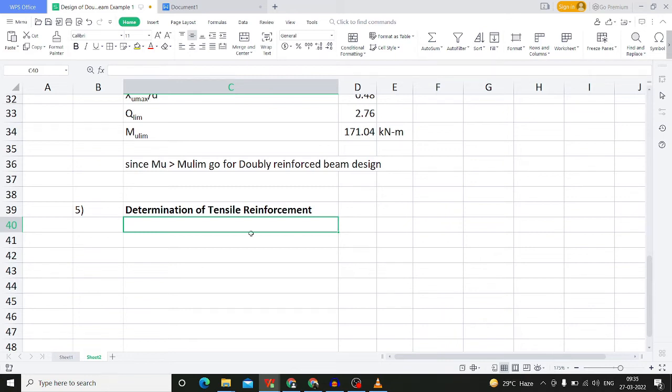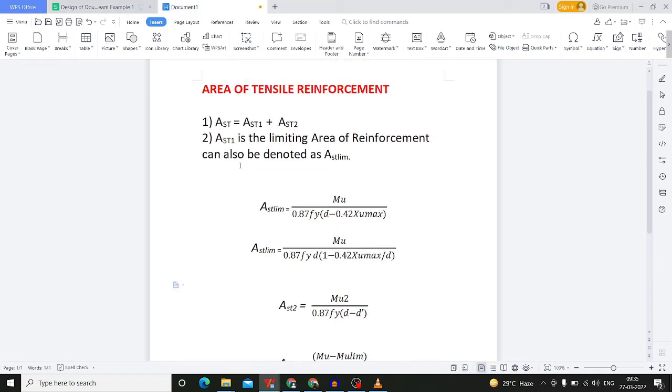In doubly reinforced beam design, AST, the area of tensile reinforcement, is bifurcated or divided into two parts, that is AST1 plus AST2. We have to find AST1 and AST2, then combine them, we will get the area of tensile reinforcement. AST1 is associated with the limiting section.